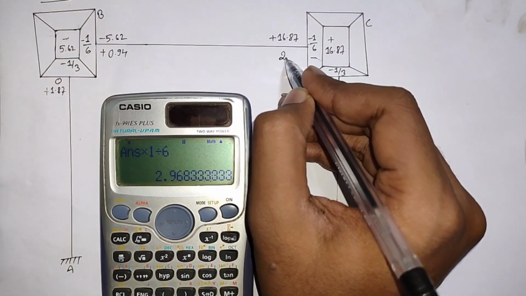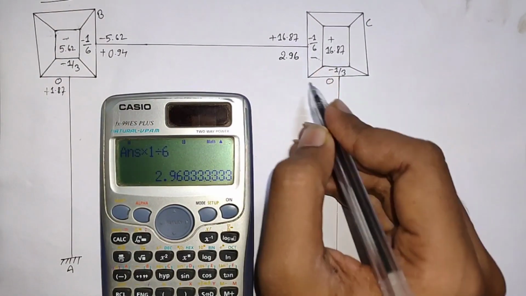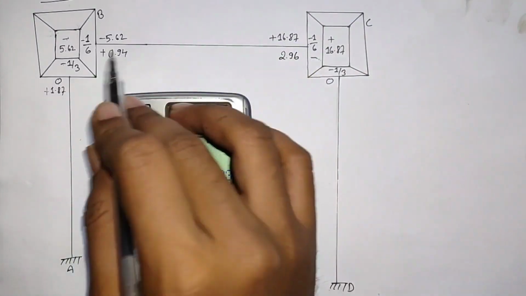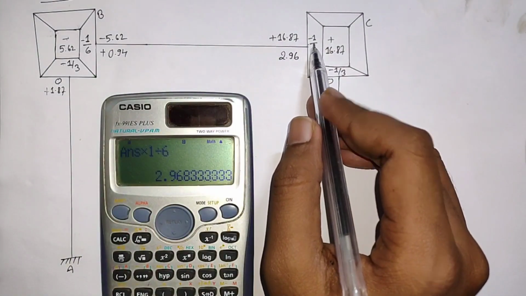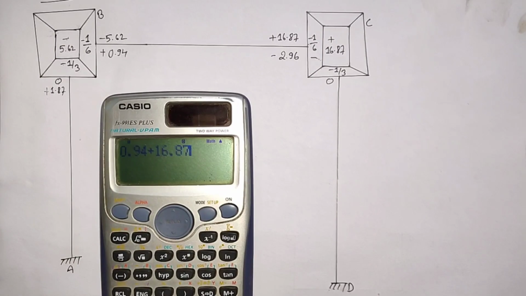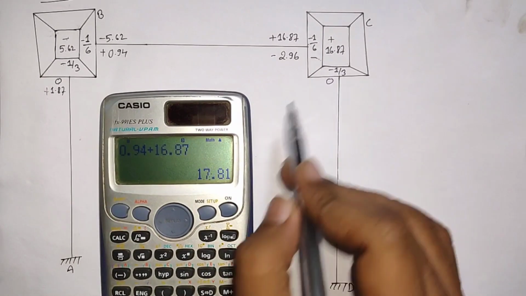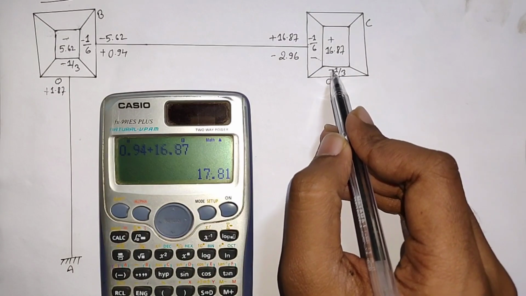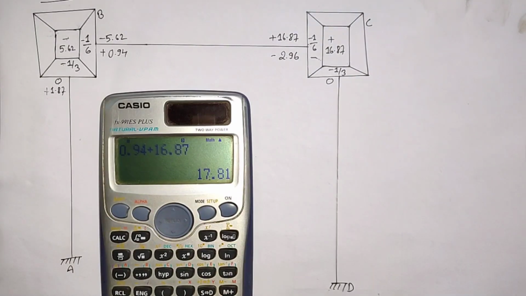So write it here, 2.96. Now guys, these two are positive, and multiplying with this negative factor it will get a negative sign. And again add 0.94 plus 16.87, and we get 17.81, and again multiply this with 1 by 3.